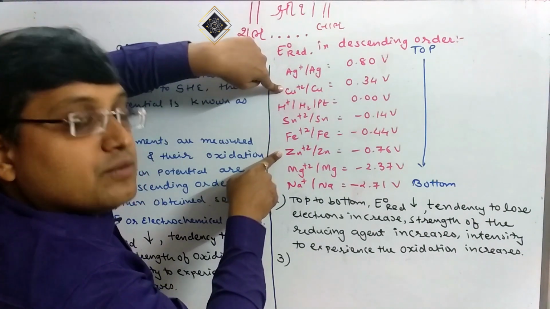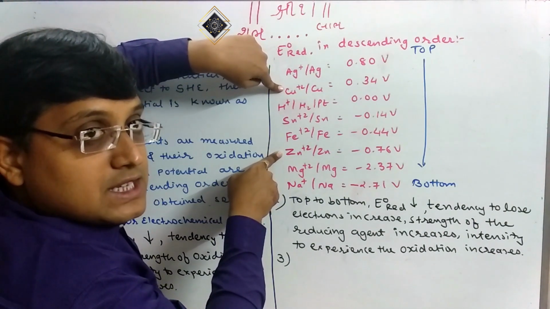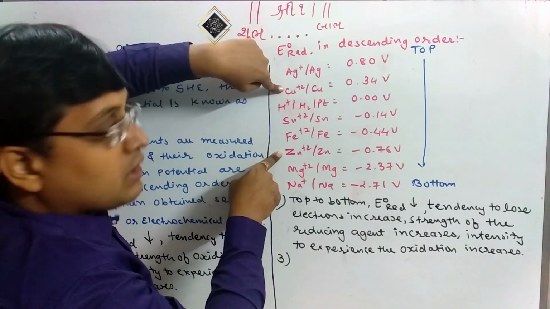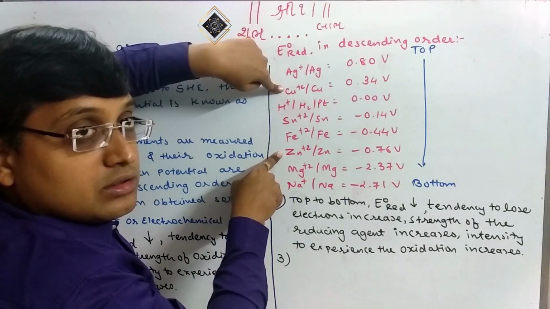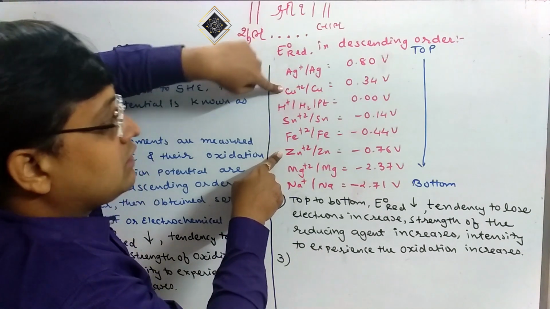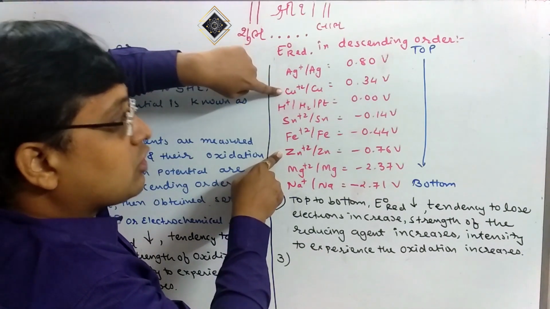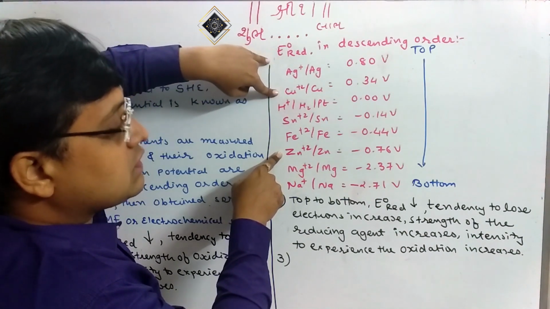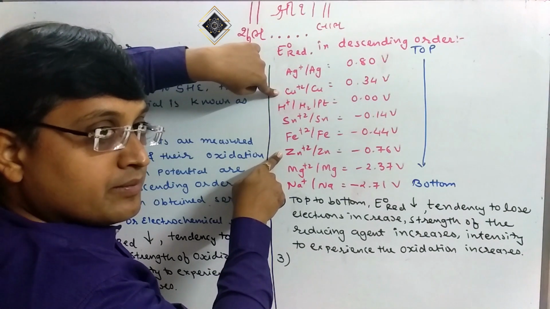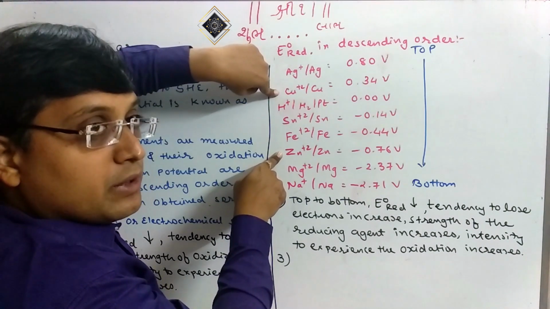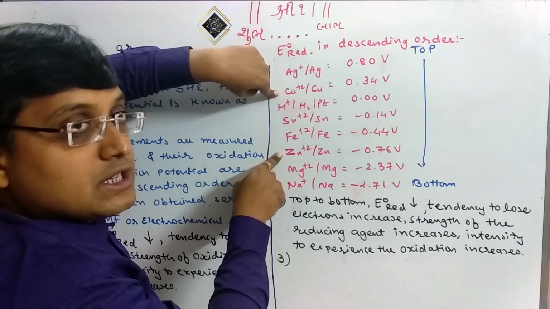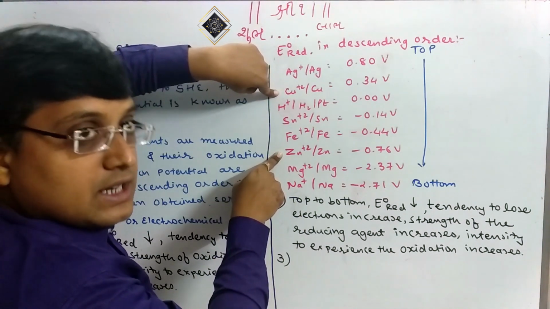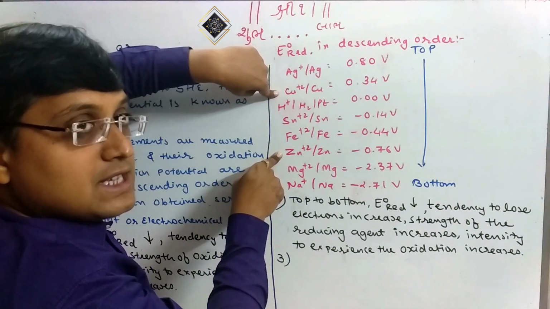Once again, we have two half cells, zinc and copper. In a galvanic cell, we know that zinc works as anode and copper works as cathode. Clear? Why does it work as cathode? In the EMF series, the copper reduction potential is higher than zinc. That means copper has a higher tendency to experience the reduction, so copper works as cathode and zinc works as anode.